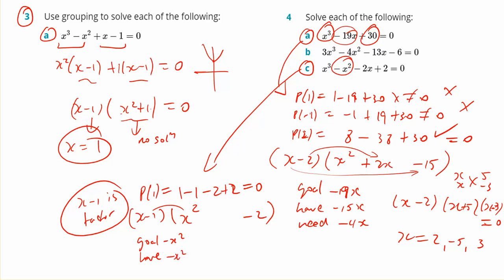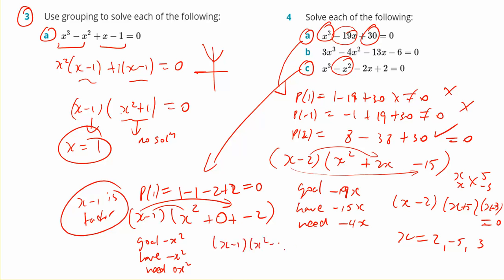So x times what gives you, we don't need any x squared, we need 0 x squared. So x times what gives you 0 x squared? Must be 0, so there must be nothing in the middle. Meaning your factors are x minus 1, x squared minus 2.